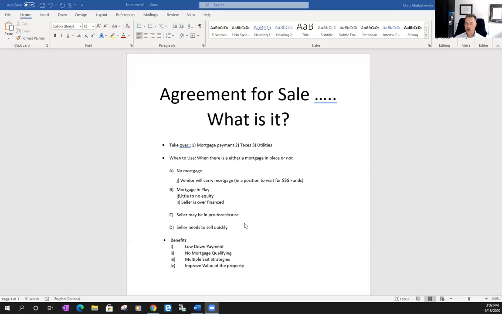The benefits to a purchaser would be little to no equity involved, meaning they have little or no down payment required. They don't need to qualify for a mortgage. And there are multiple exit strategies for a vendor there.